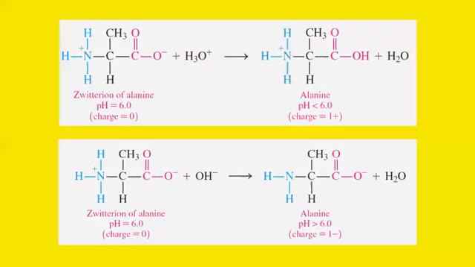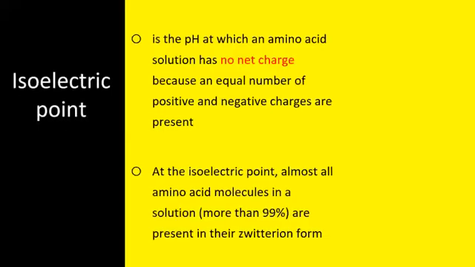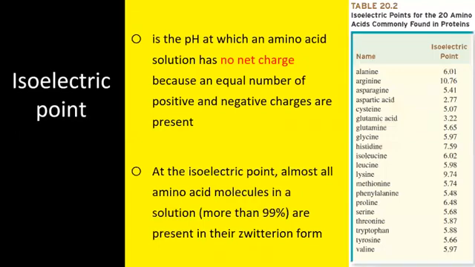Our proteins, class, have this isoelectric point. When we say isoelectric point, this is a pH present on our molecule at which there is an equal number of positive and negative charges present. Because of these charges, it produces a no net charge situation.